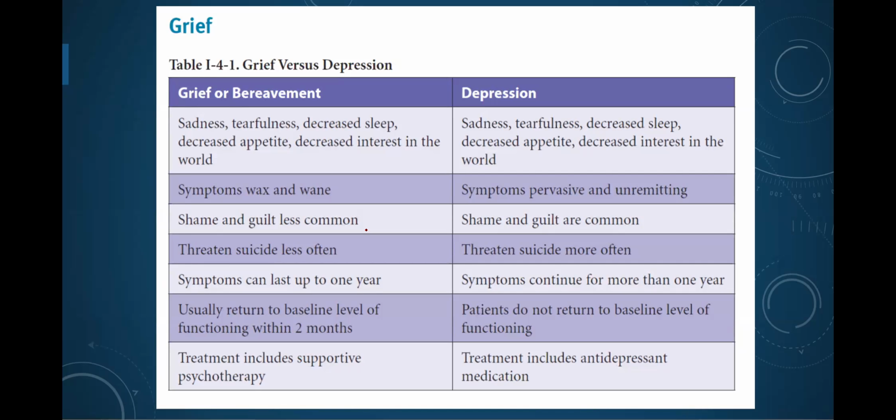Grief means within 6 months of losing someone you love, if a patient has features like feeling upset, tearful, sadness, decreased sleep, so features of depression are there, but within 6 months of losing someone, that's called grief or bereavement. But when it becomes more than 6 months, and if the features of MDD are there, then it will be a depression.